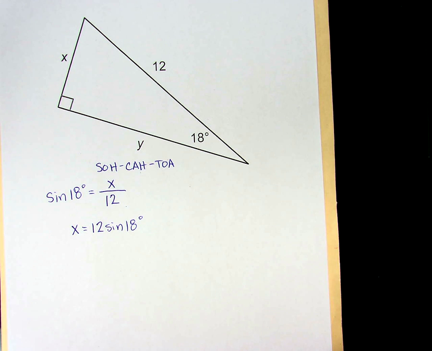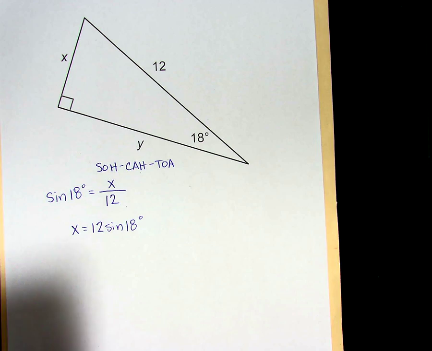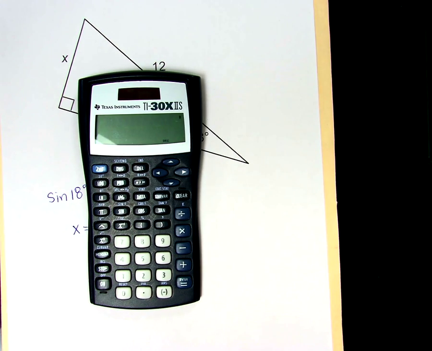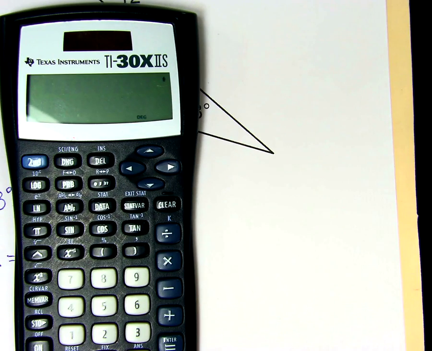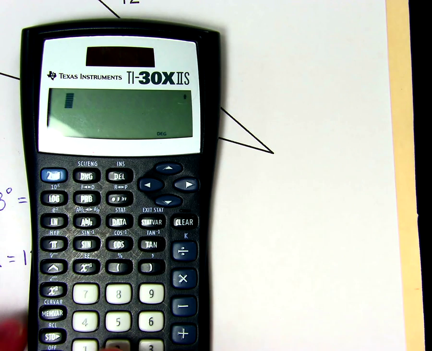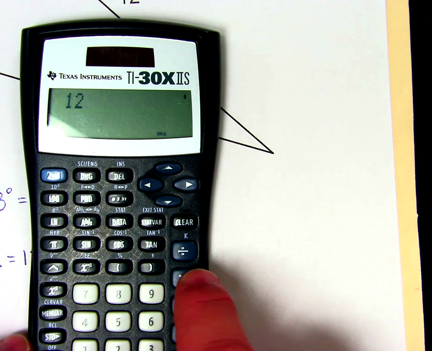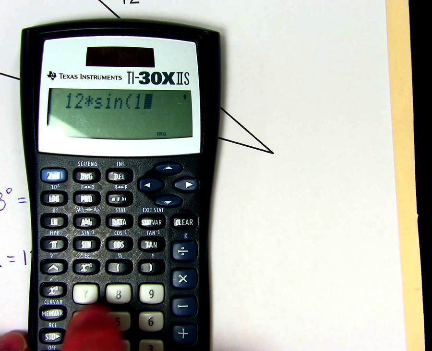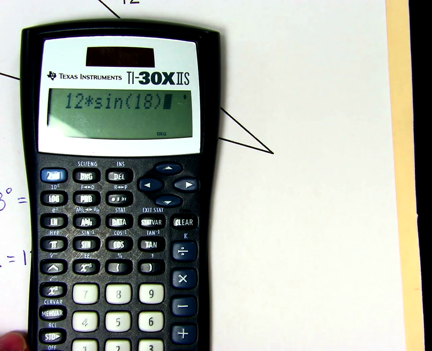So on this calculator where I see all of my operations, it is on degrees. I'm going to enter 12 times the sine of 18 degrees and close off the parentheses.